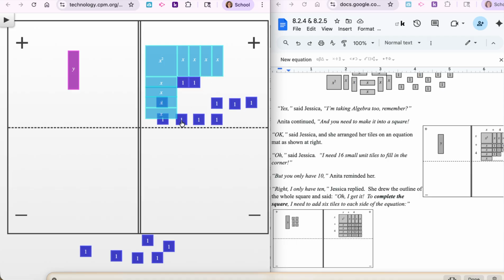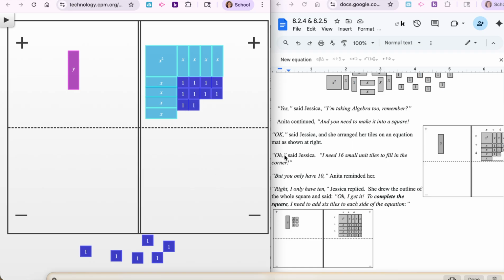So as she organized this into the square, she noticed something, though. She noticed that she only had 10 tiles for the little corner piece that I'm filling in right now, but she actually needs a total of 16 because it's 4 tiles long by 4 tiles wide.